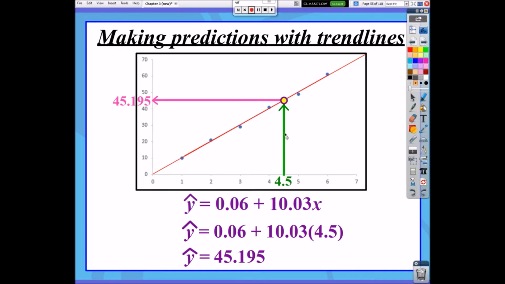If I go up and hit the LSRL, the trend line, and then scroll over to my y-axis horizontally, that value would be my predicted value for a person with an x value of 4.5. That's found algebraically by plugging 4.5 into x and doing this math: 0.06 plus 10.03 times 4.5 gives us 45.195.